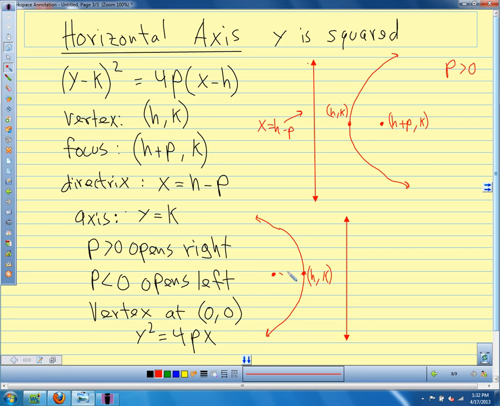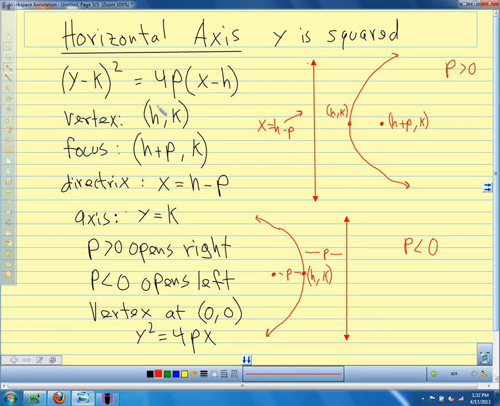And we're moving over p units to get to the focus and to get to the directrix. So this is for p less than 0.